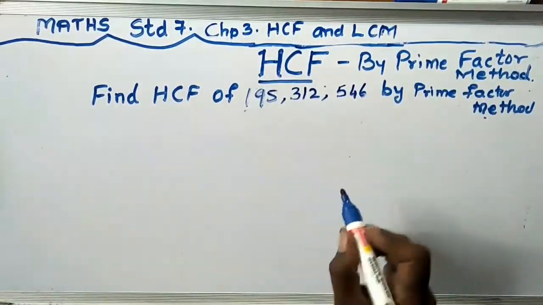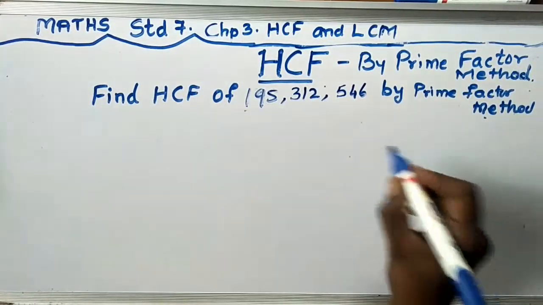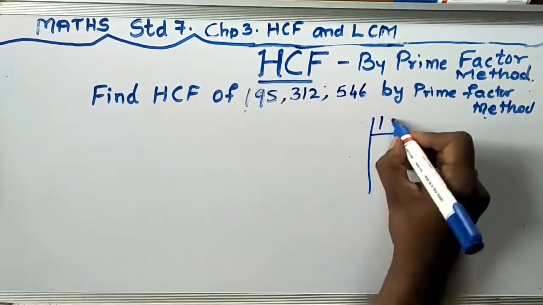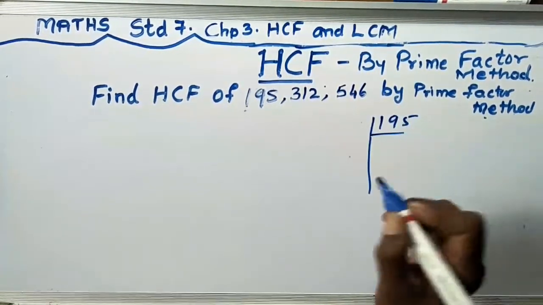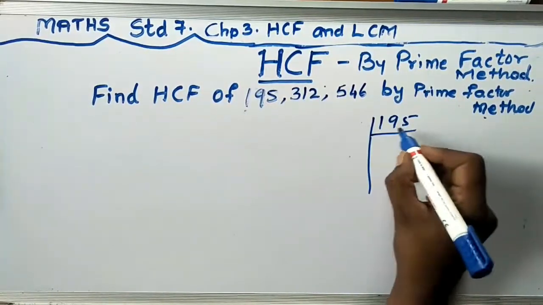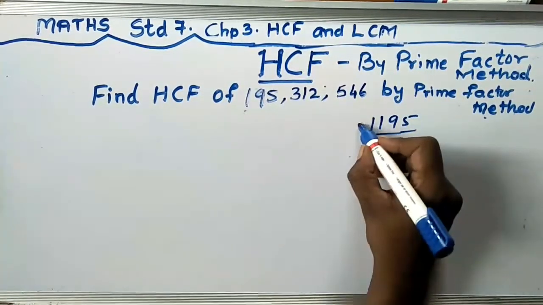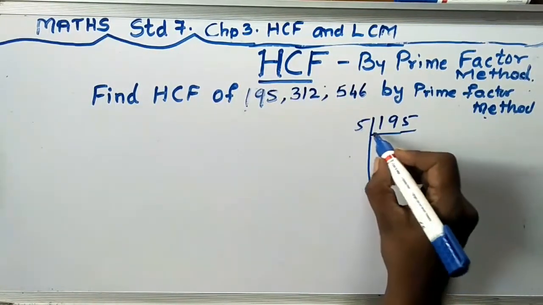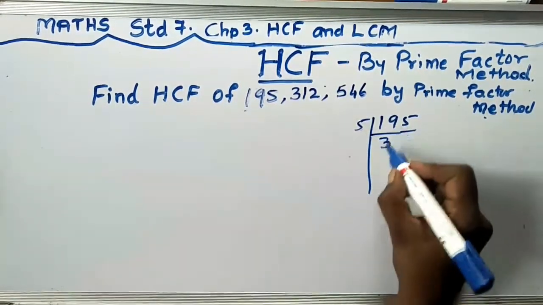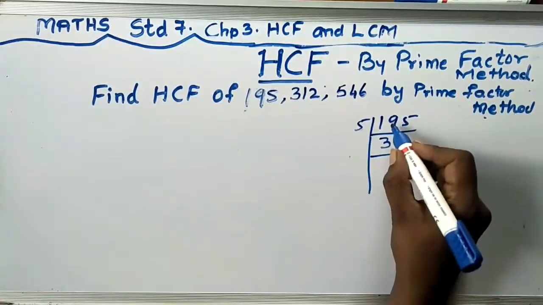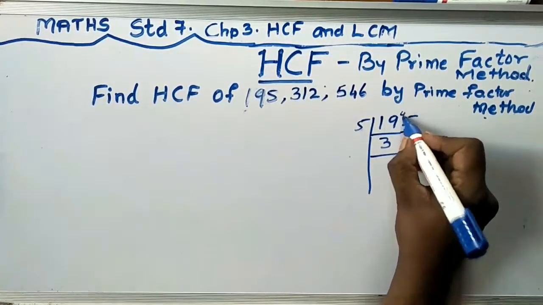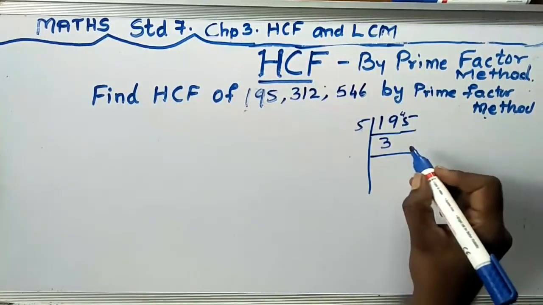Let us do the other sum. Now for finding the HCF, we have to find the prime factor. So let us find the prime factor of 195. The unit place we have 5. So I'll take 5. 5 3s are 15. 19 is there. So 19 minus 15 is 4. 4 is carried over. It becomes 45.